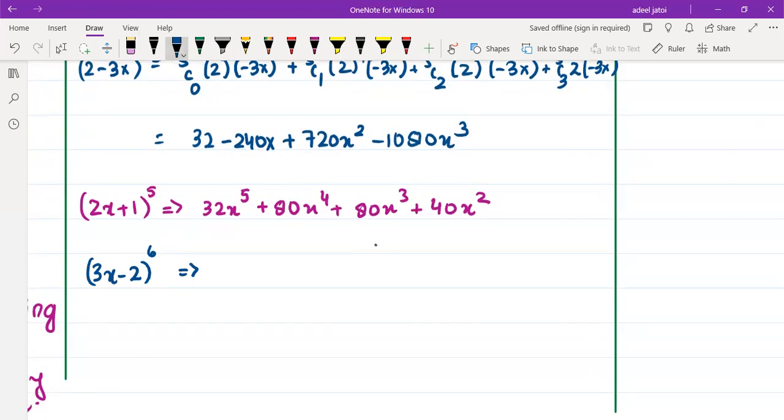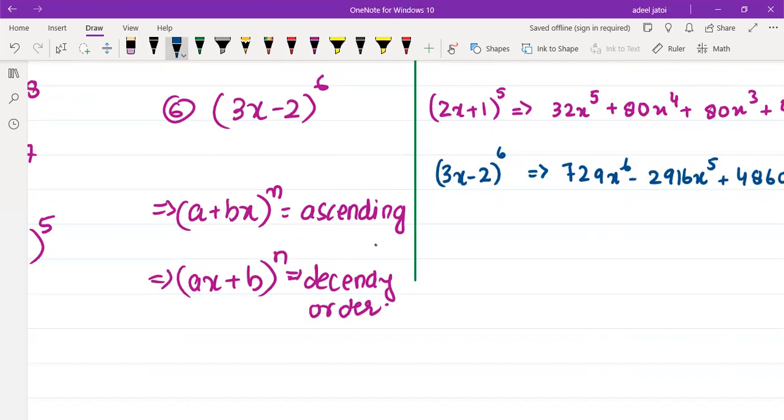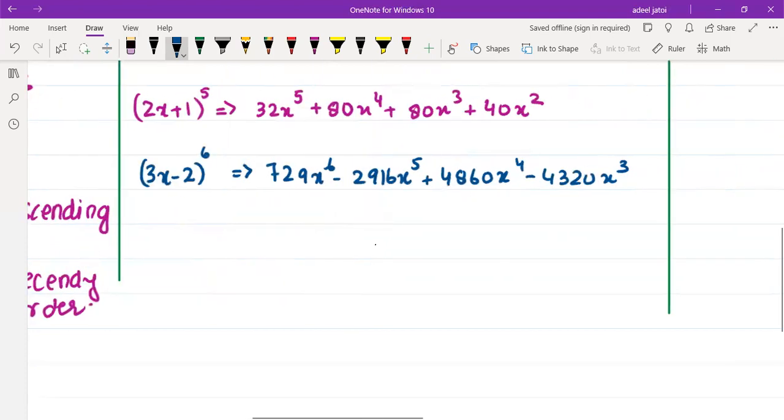So the answer for this is 729x^6 - 2916x^5 + 4860x^4 - 4320x^3. As discussed, if x is with the coefficient of b, this part will be ascending, whereas if x is with a, this part will be descending.